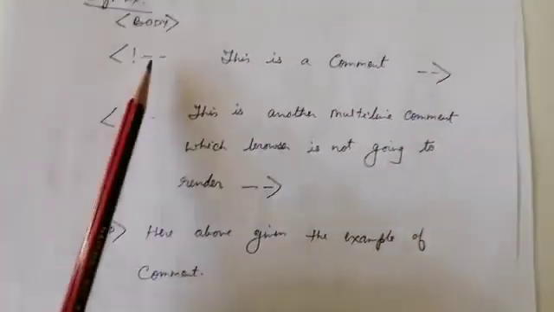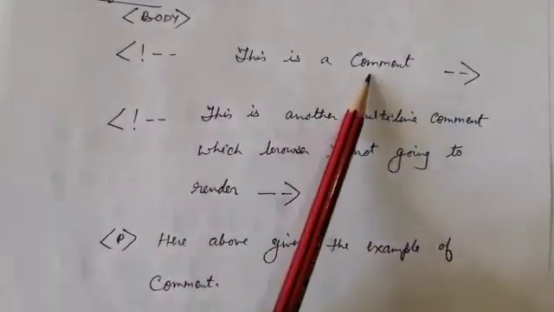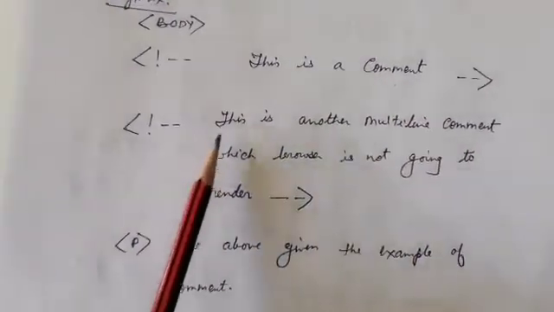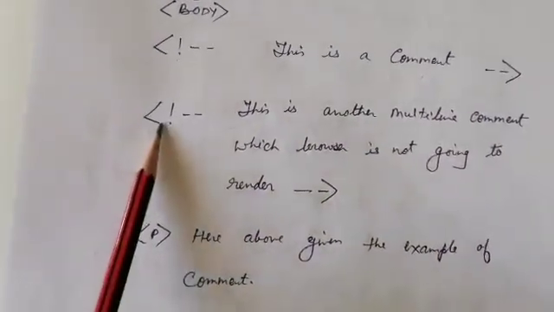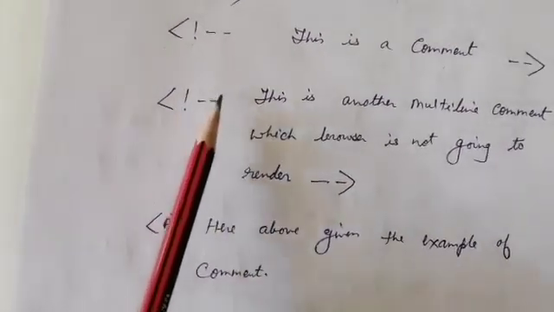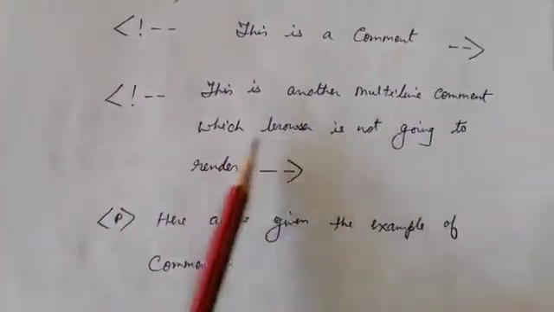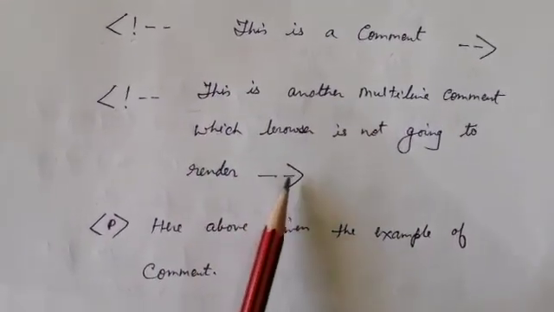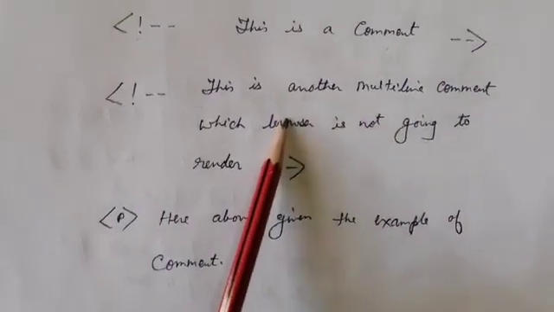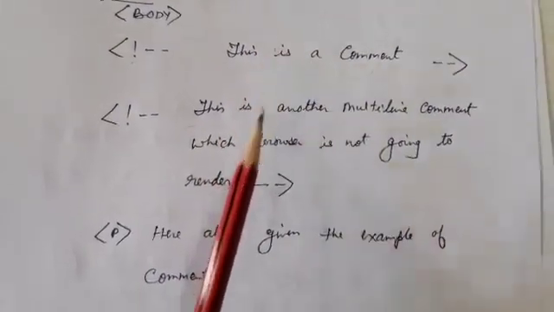This is completed in one line, so this is a one line comment. If we want to give a multi-line comment, we can do that also. How? Again like that: angular bracket, exclamation mark, double dash, then write the comment in multiple lines, and then again double dash and angular bracket. This is a multi-line comment, and this is a single line comment.